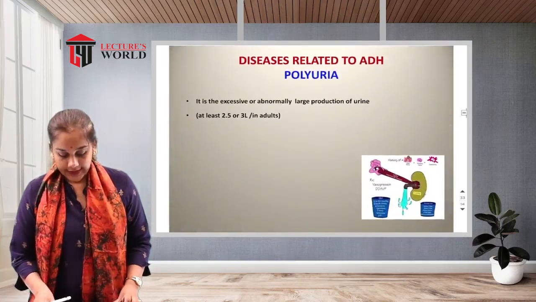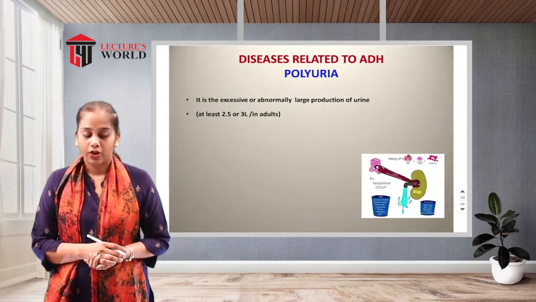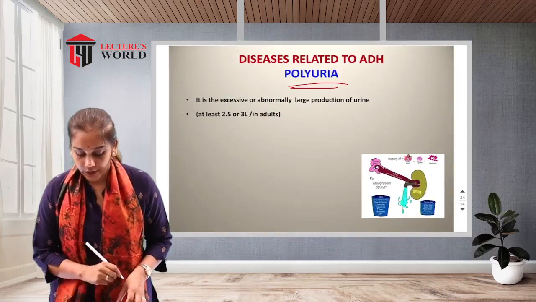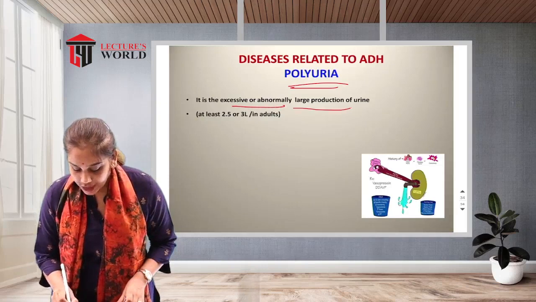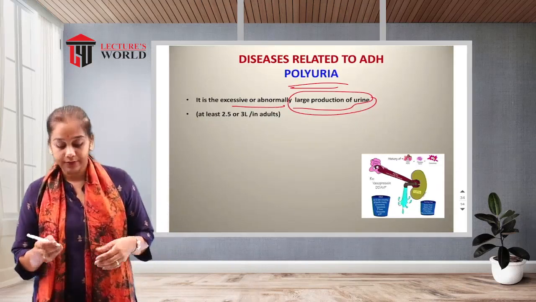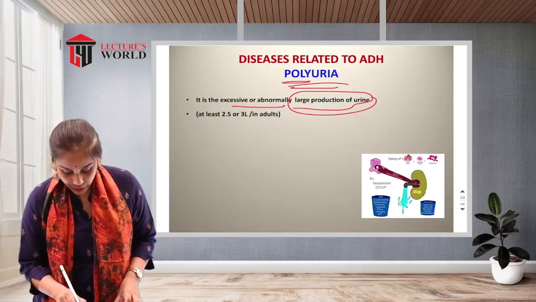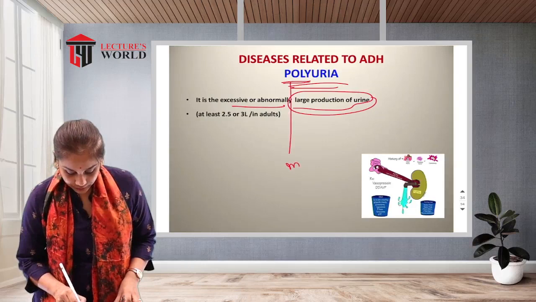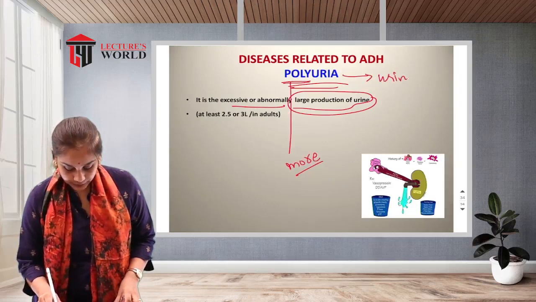Next disease related to antidiuretic hormone is polyuria. It is the excessive or abnormally large production of urine. What is polyuria? Poly means more, and uria means urine production.